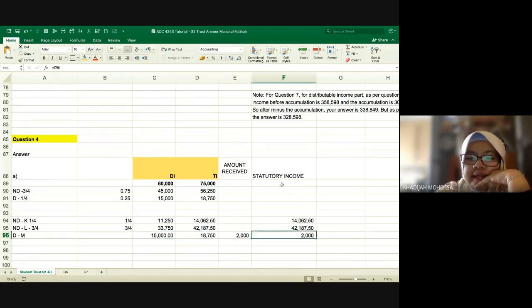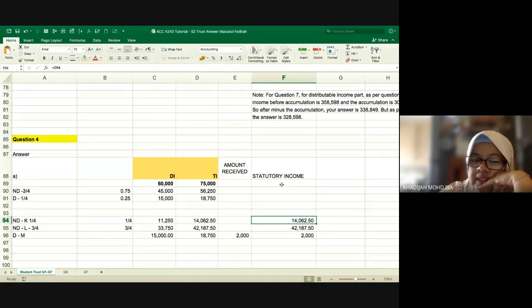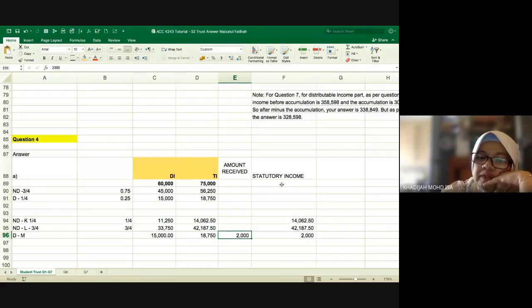But under the law it is based on the amount actually received as compared to the total income. So your answer should be something like this: the statutory income of K, L and M, K and L based on the total income and M based on whichever is lower between amount received or the receivable income, so you should assess SI as 2,000.